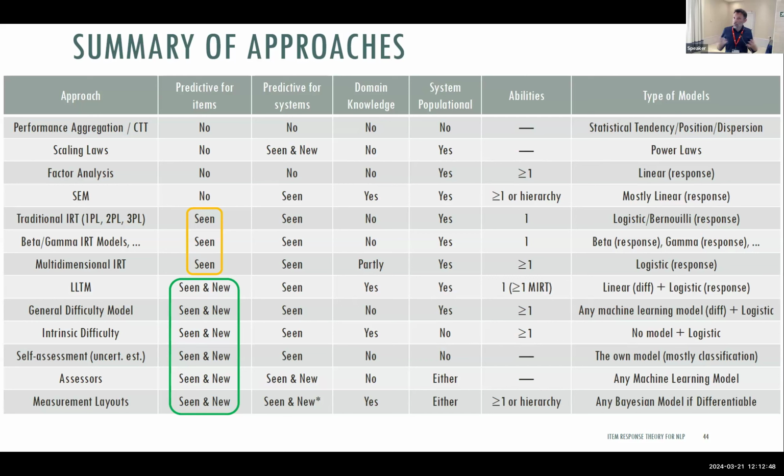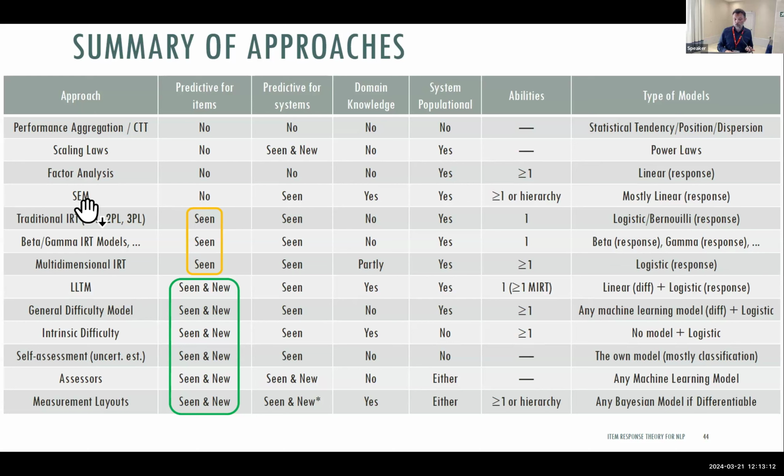But because you only use the identifiers, you cannot go much beyond that. If you have a new item, you cannot do that. That's why for some of the things, like the LLM ones they have just introduced or mentioned, you can extrapolate for new instances. This is already very good, but this is better.